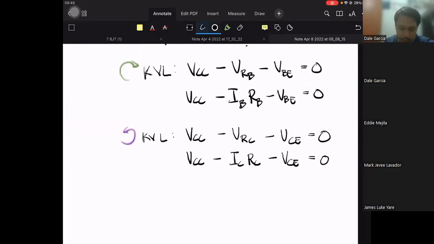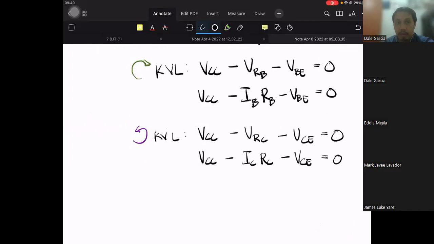So these are the equations that will help us solve the BJT currents and voltages. This one and this one. Okay.